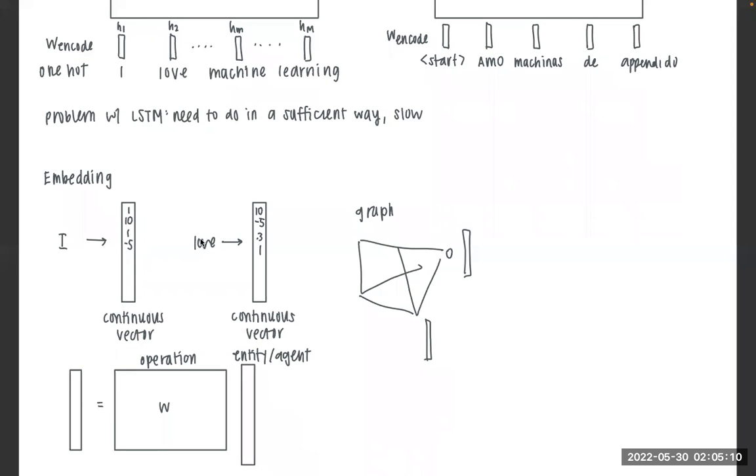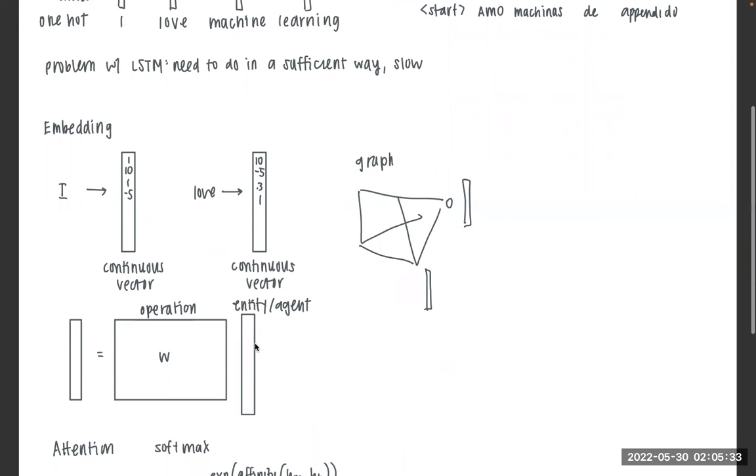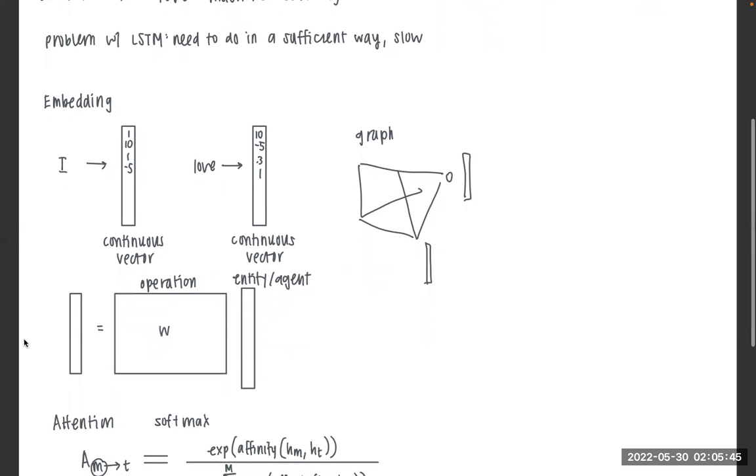And this another word, love, is another one-hot vector, which can be embedded into another vector embedding. And as I mentioned, we don't need to read too deep into each dimension. Actually, the whole vector as a whole carries the meaning, and you can extract the meaning by operating on this vector. So this vector can be operated on by multiplying a learnable matrix to extract another vector. And you can decode the meaning of this vector by using some neural network, like a multi-layer perceptron type of thing.